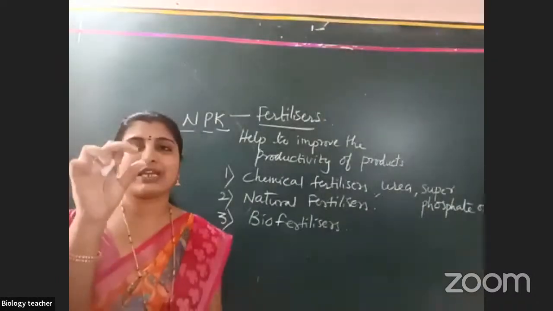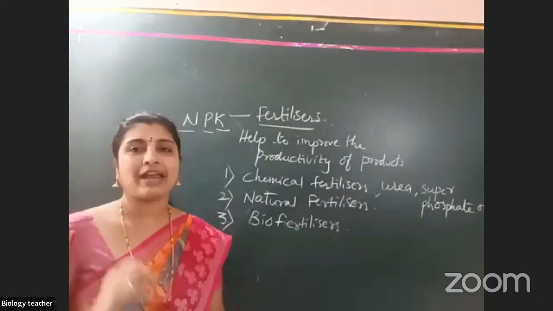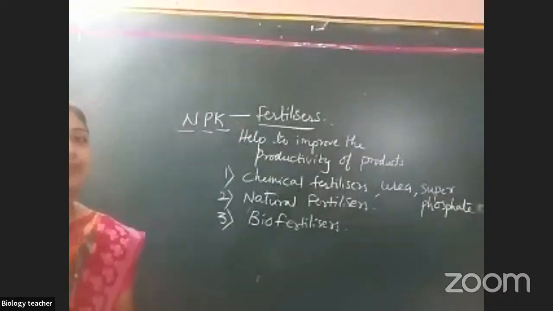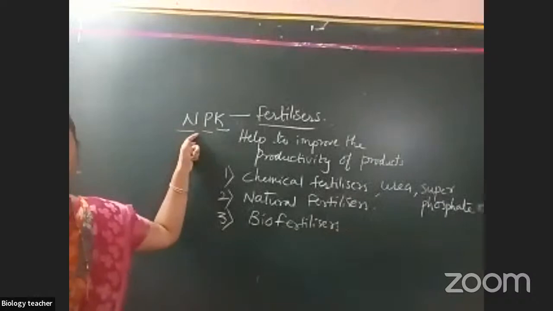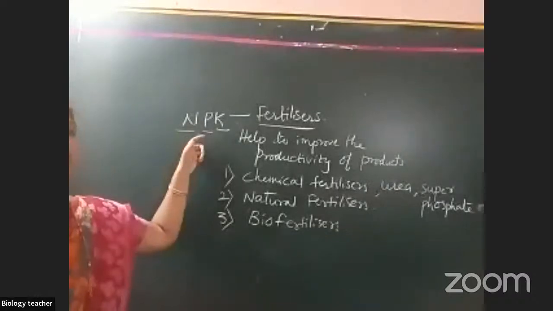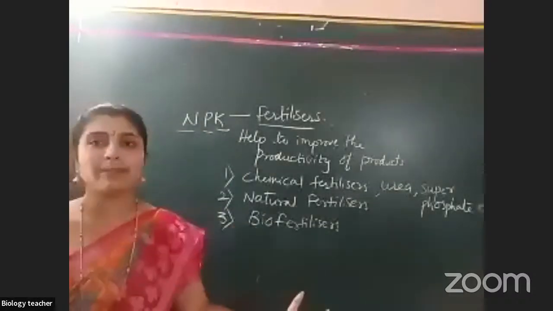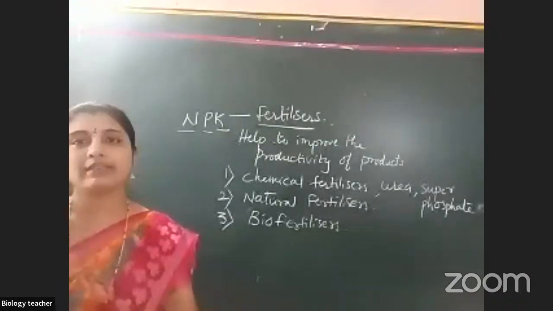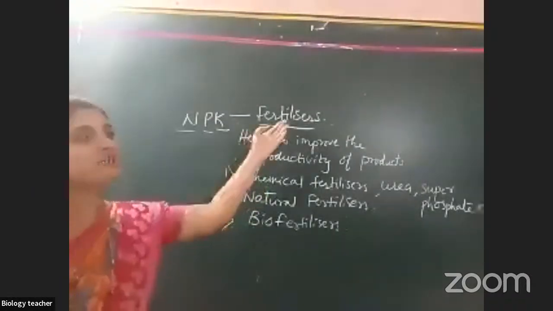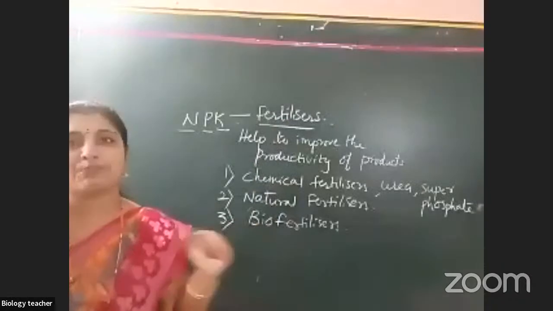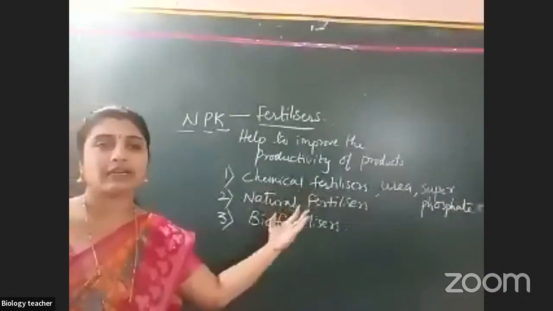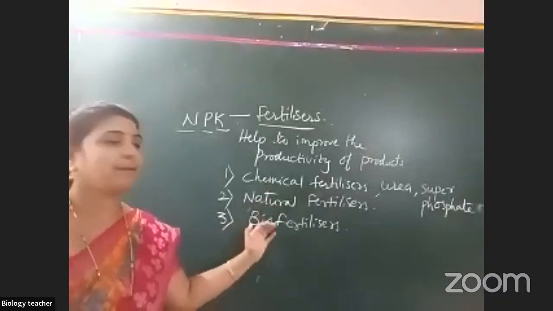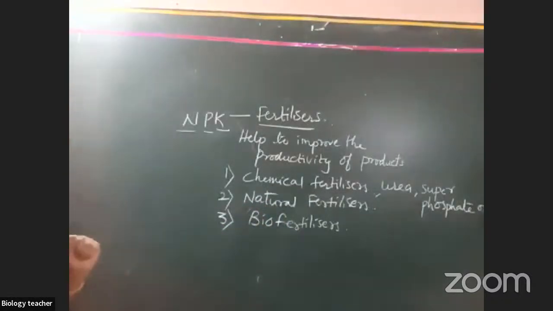These elements are necessary for the growth of plants. If they are not provided to the plants in time, we won't get a good yield. That's why we use fertilizers to improve productivity. We can use fertilizers in three ways: chemical fertilizers, natural fertilizers, biofertilizers. Please note it down.